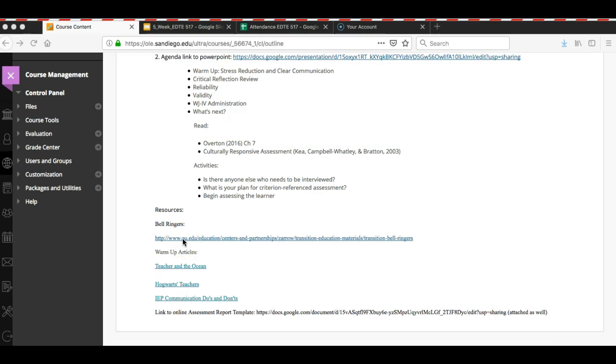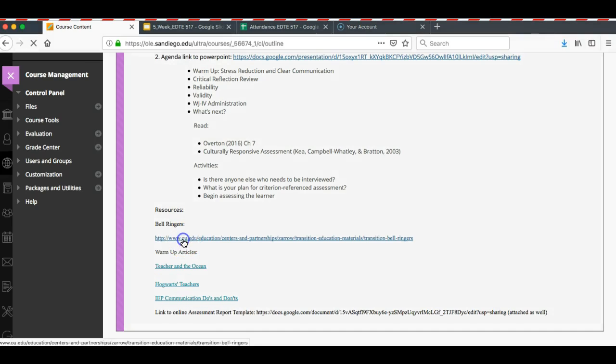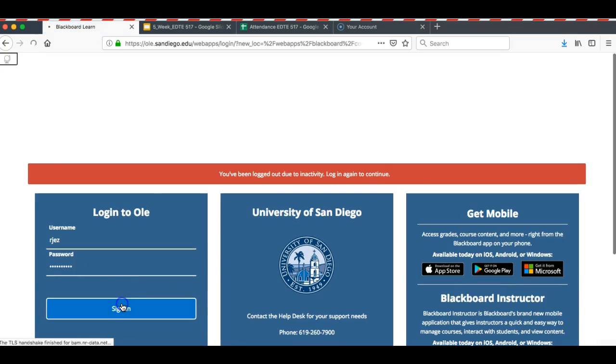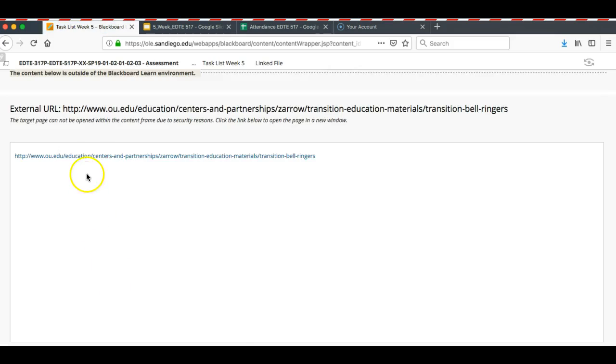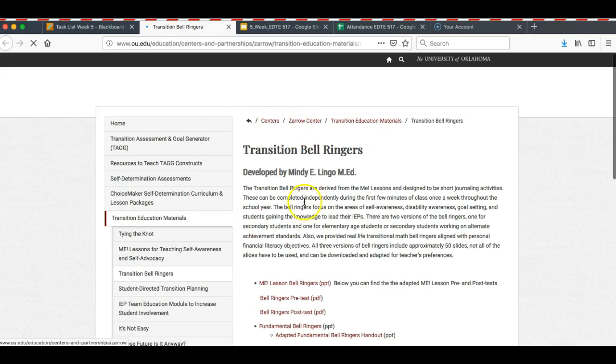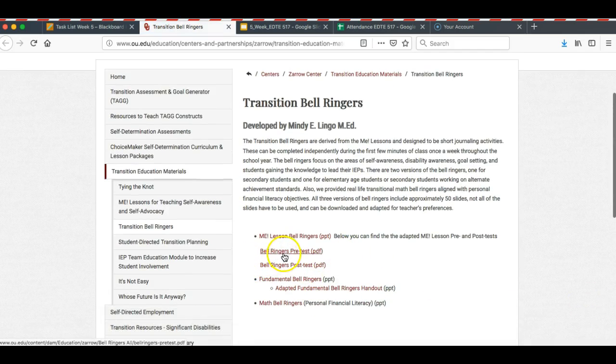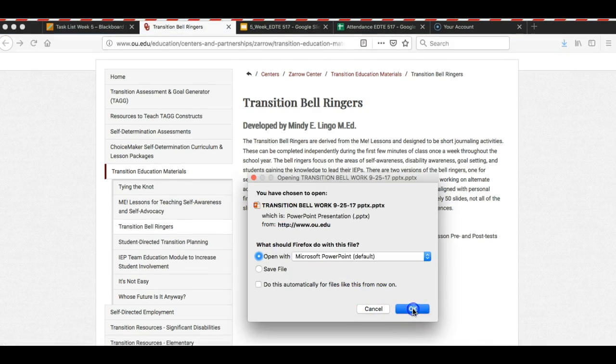Just some of the resources. Here's the link to the bell ringers we went over last night. Remember, this is a really good website for you to teach your students very quickly in between different activities.